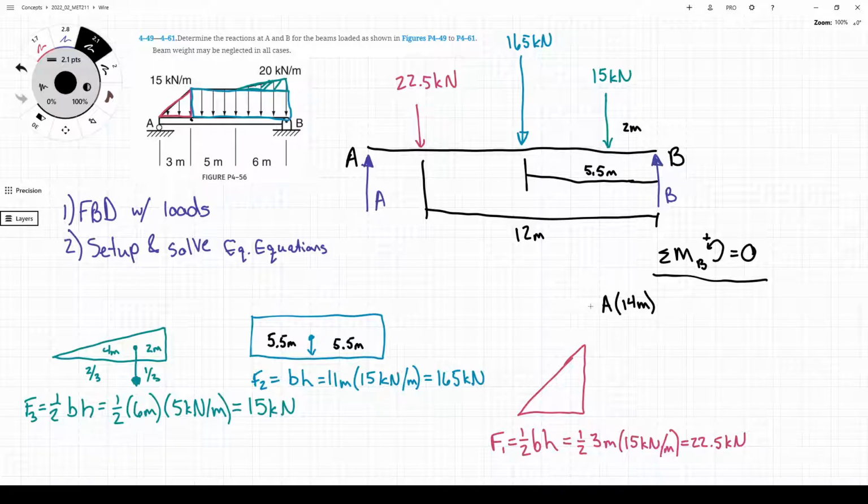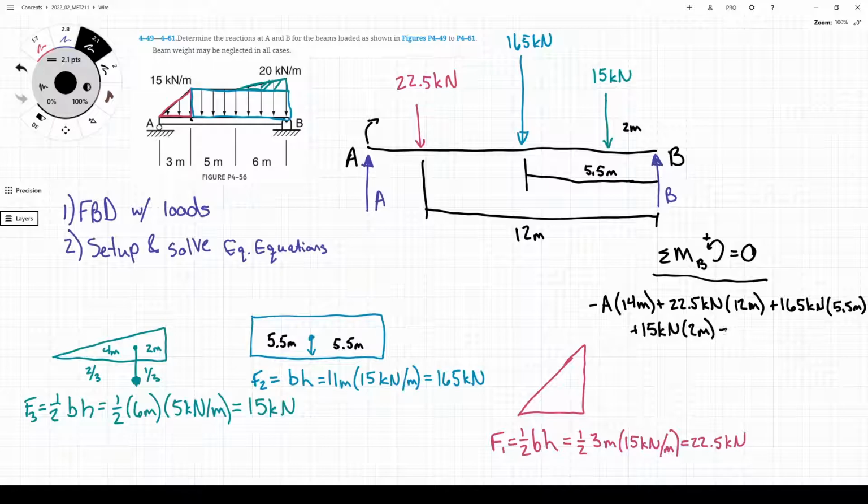And that's going to be a negative moment because it's a clockwise rotation about point B. And then we've got plus 22.5 kilonewtons times 12 meters plus 165 kilonewtons times 5.5 meters plus 15 kilonewtons times 2 meters equals 0.